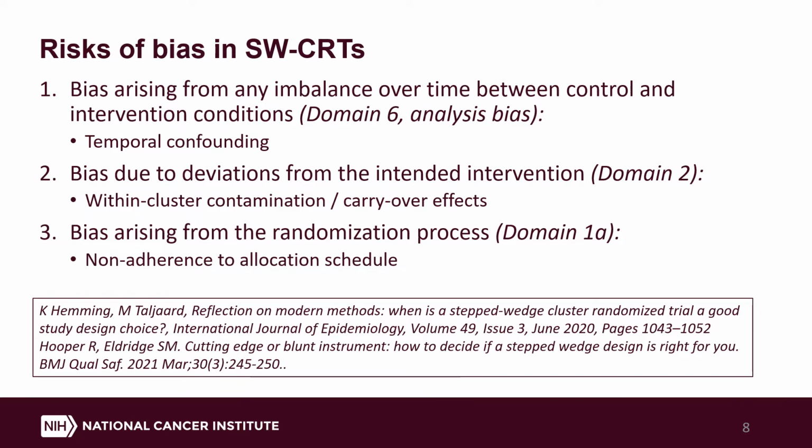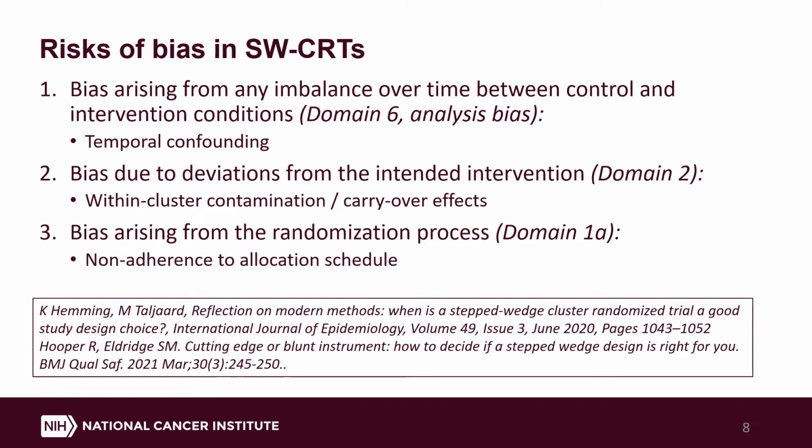So when we're thinking about risks of bias in stepped wedge trials, we can think about the first bias as a bias arising from an imbalance over time between control and intervention conditions. We're going to refer to this as temporal confounding. And this is going to be categorized under domain 6 as a type of analysis bias. We're then going to move on to think about biases due to deviations from the intended intervention.